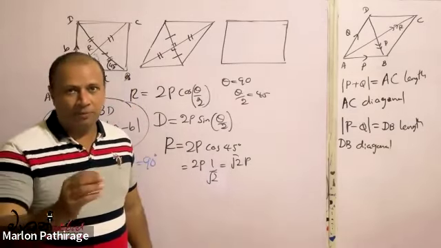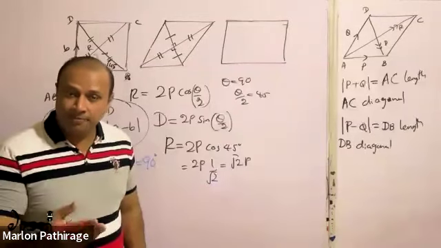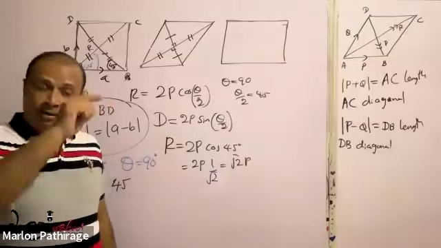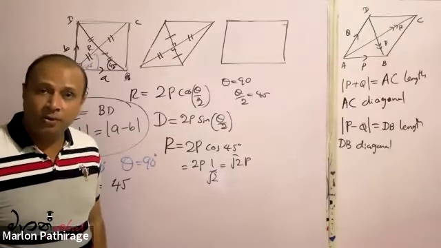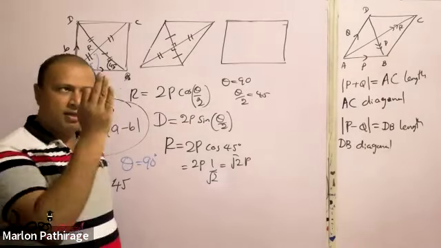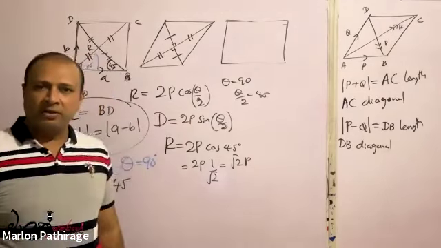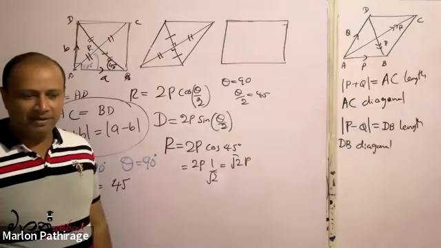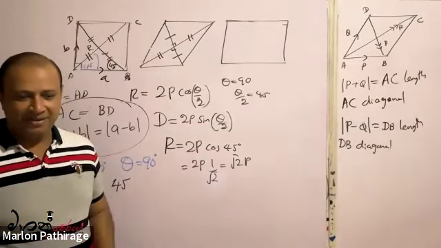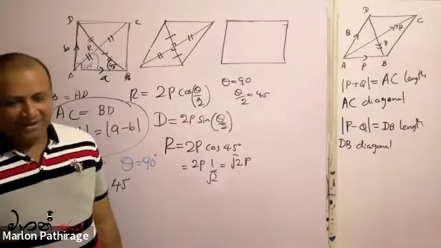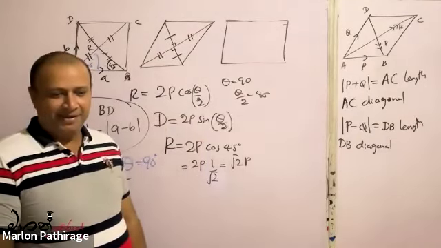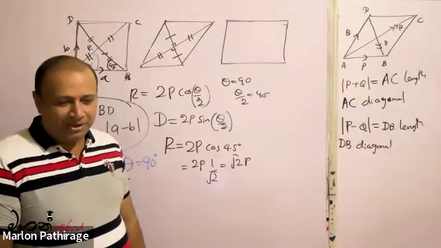Suppose you are given one vector as 10, then its resultant vector should be 10 root 2. If the given vector is 20, then the resultant vector should be 20 root 2. Did you get my point? Only if it is a square does the root 2 part come.